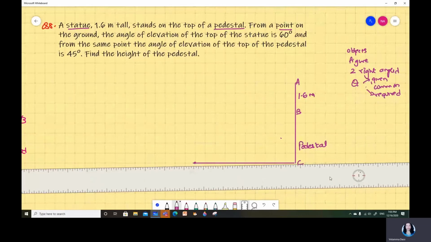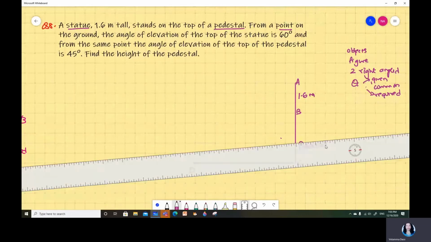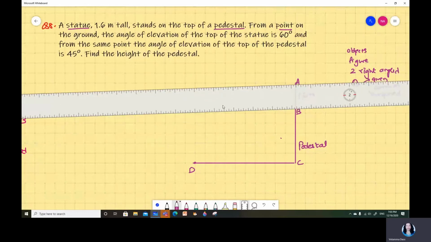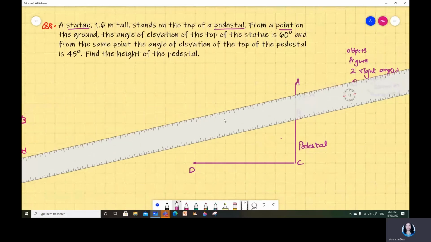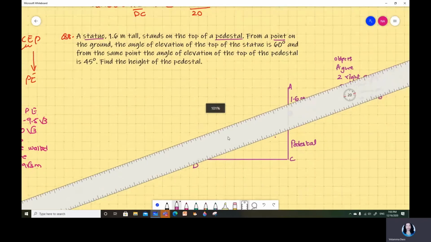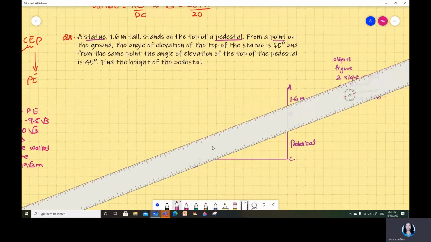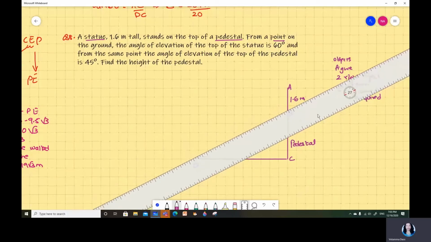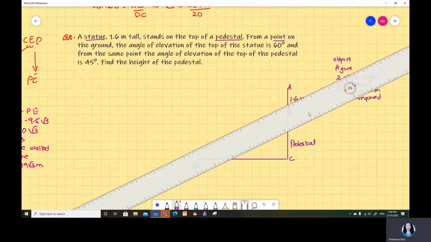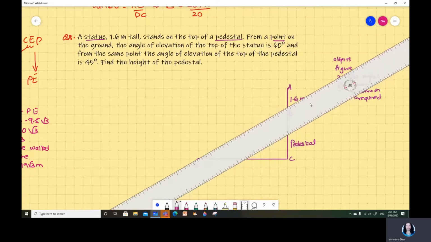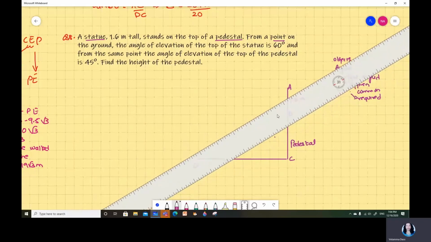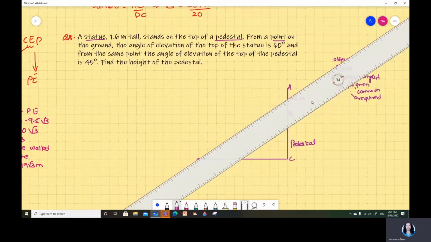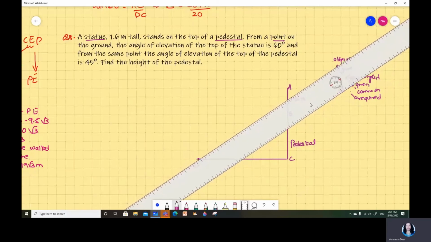And now we have the angle of elevation from the point D. So from the point D, you have the angle of elevation to the top of the pedestal. So pedestal, top of the pedestal, okay.